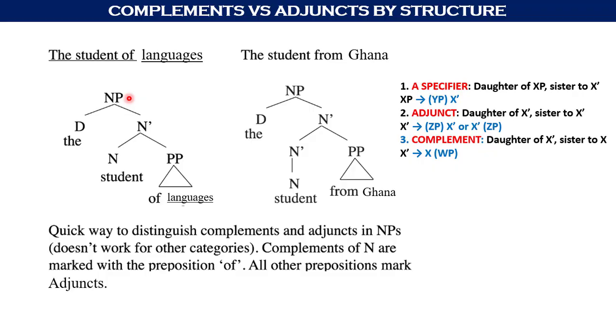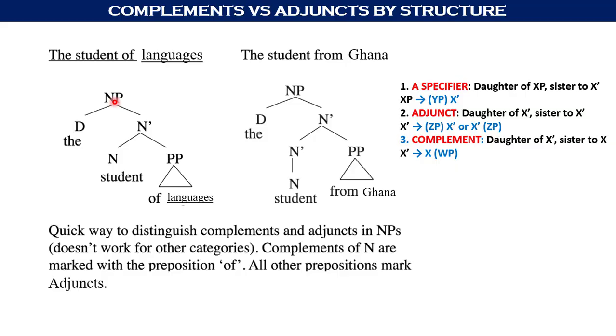Alright, so let us draw the tree for both of them. Both of them are noun phrases, so that is the maximal projection. So each one of these is a noun phrase. So we first deal with the specifier rule. Now each of these noun phrases has a specifier, which is the. And what do we know about specifiers? They are daughters of phrases, sister to X-bar.